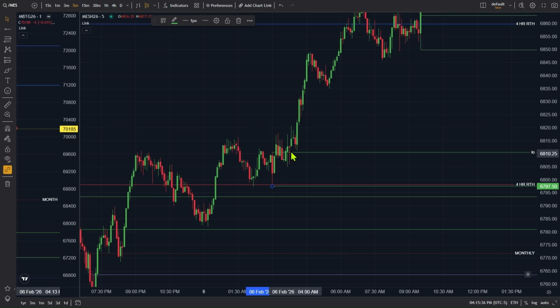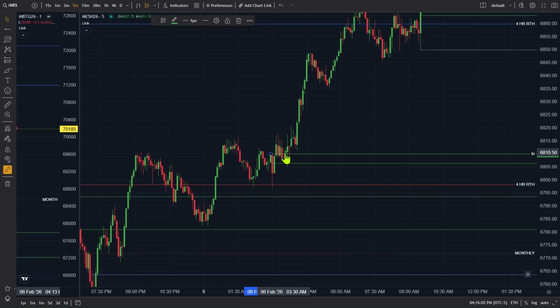We bounced around and then we went up. But I was actually looking at a different one, I think. Maybe I was looking at the pre market candle. But either way, I had that line in the wrong place. I had it way up here. Is that the three? Yeah, that's the 3 a.m. candle, this little green one. And it kept dipping down below. And I was like, well, if it hangs out here, it's probably not going to be any good. But we did go and take this liquidity.